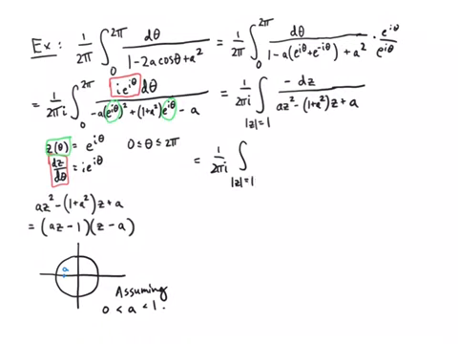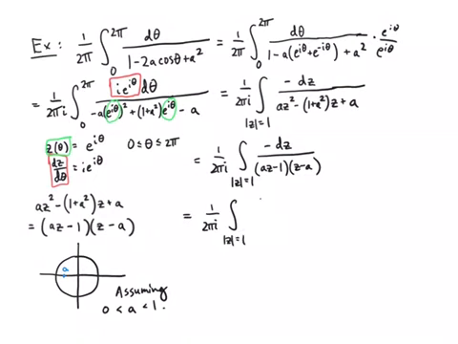So we return to our calculation. And a, that's inside our contour, so that's going to be the thing we want in the denominator of Cauchy's formula. We're just doing some cosmetics here.